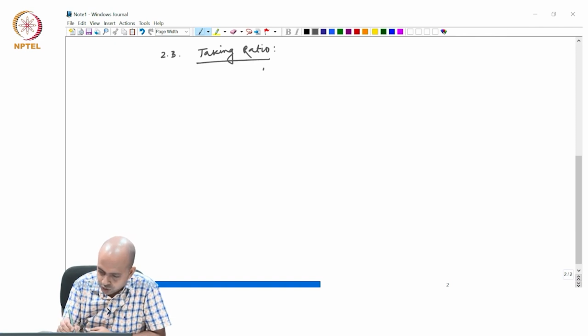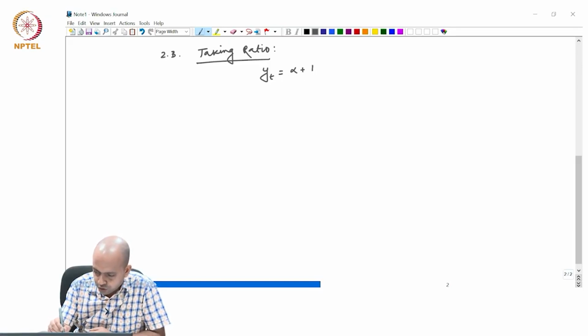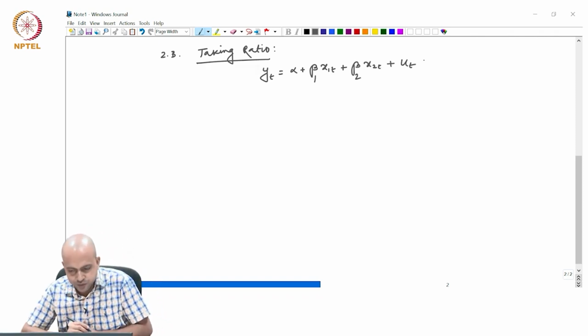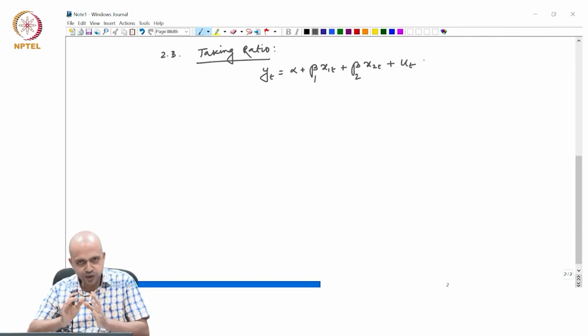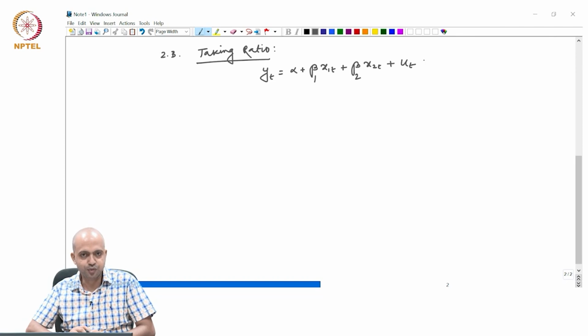So, your model is y t equals alpha plus beta 1 x 1 t plus beta 2 x 2 t plus u t, where x 1 t is GDP and x 2 t is population, and over a period of time GDP and population show some kind of linear trend.